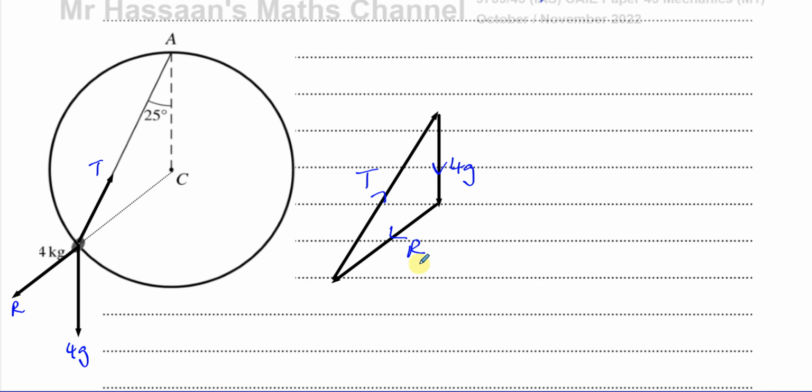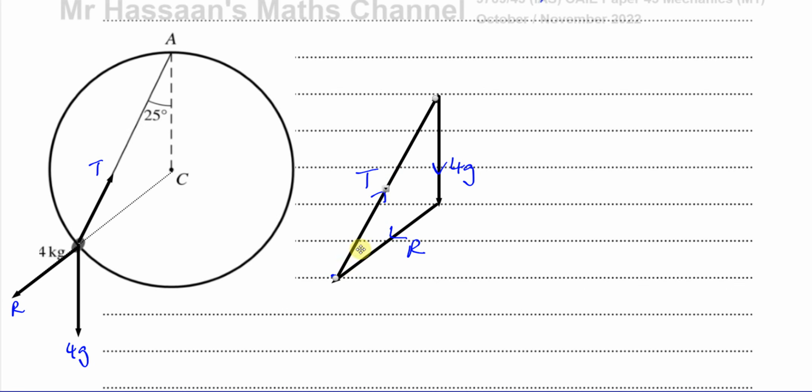Okay, so R doesn't mean the resultant, it means the reaction force. The resultant of these forces is 0. That's why they meet up over here, back to where you started again. So they form a closed triangle, and we can work out some of these angles. In fact, you'll realize something about this triangle that will help you understand something important.